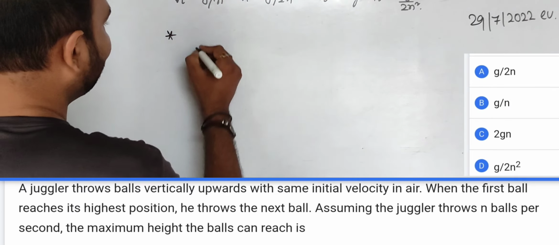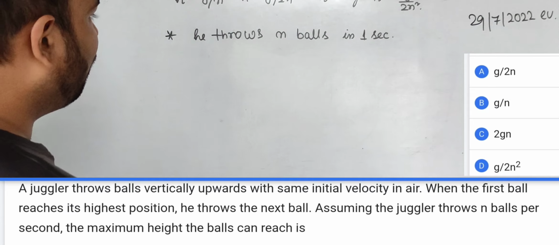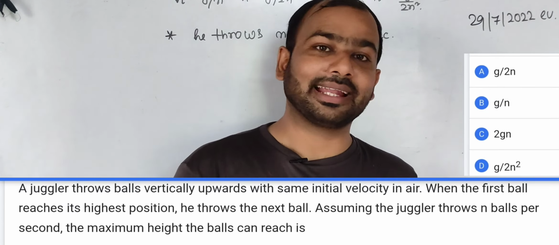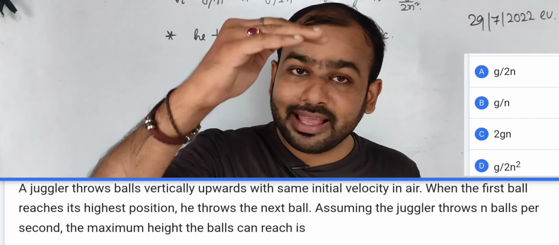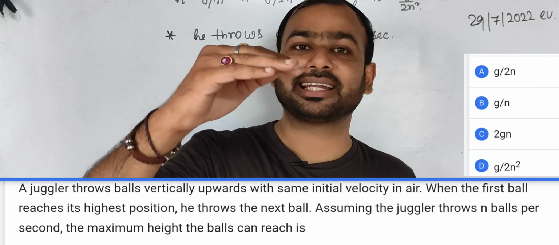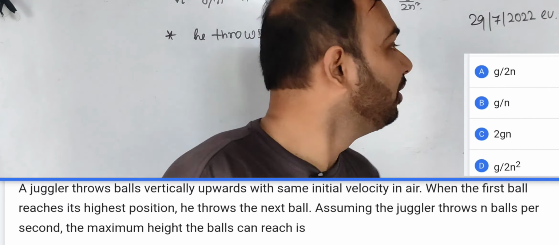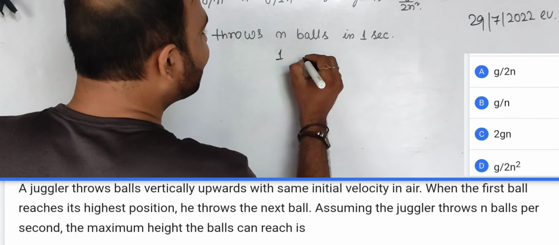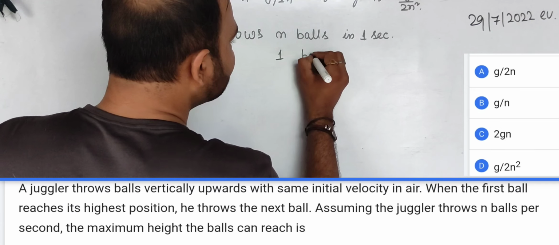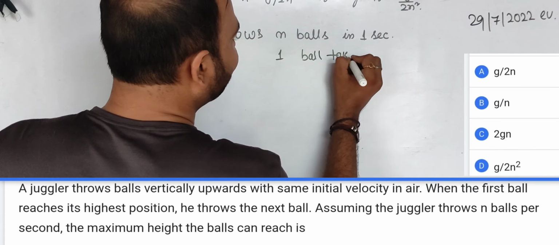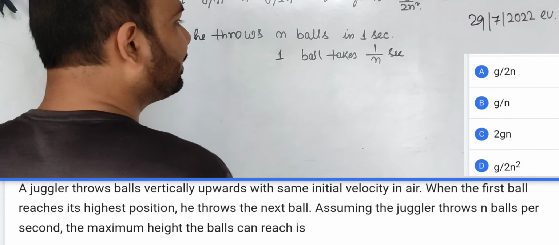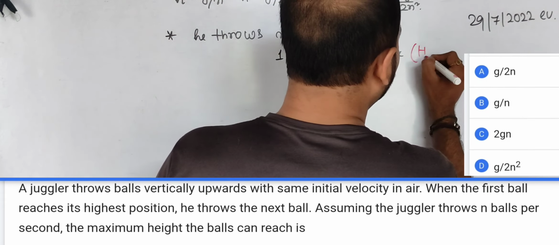Point to be noted: if he throws multiple balls in 1 second, that means a ball takes less than 1 second to reach the maximum height. So n balls take 1 second. Using the unitary method, 1 ball takes 1 by n second to reach the maximum height, h max.